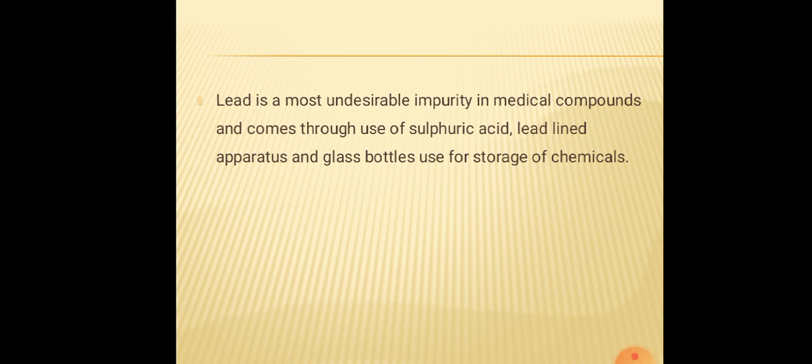Because sulfuric acid is prepared using lead apparatus; during its preparation, the lead chamber or lead apparatus is used, and because of that the lead impurity may be entrapped in your sample. So for lead impurity, the basic source is sulfuric acid.